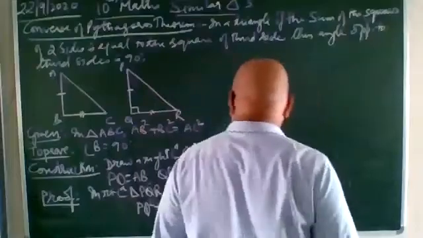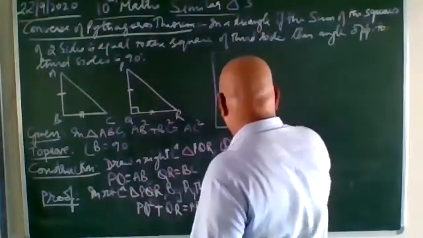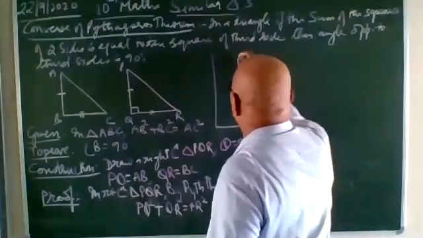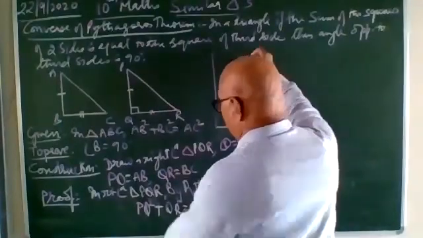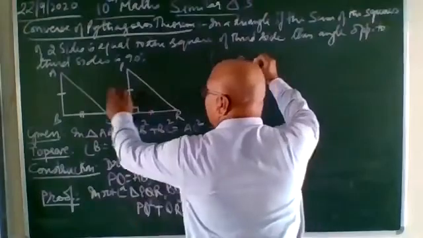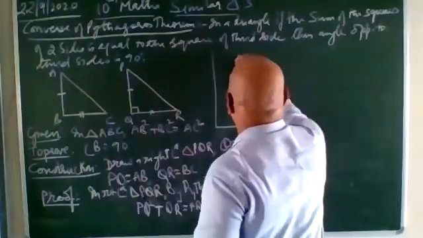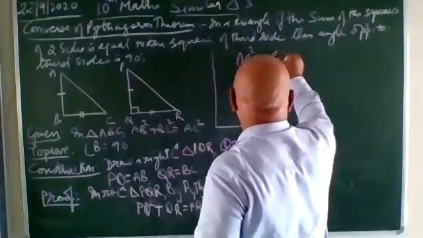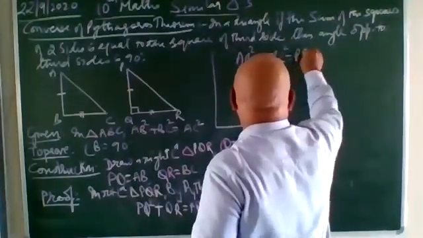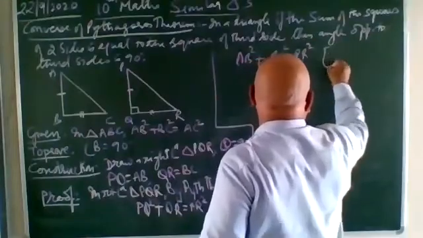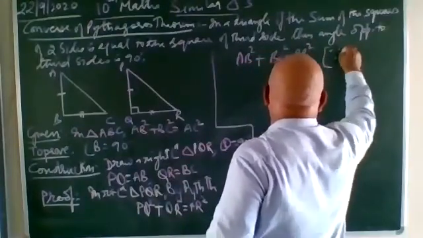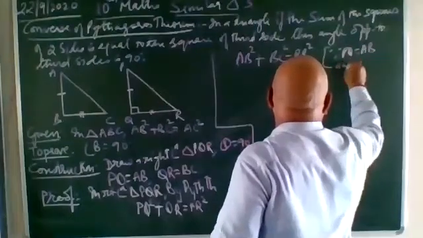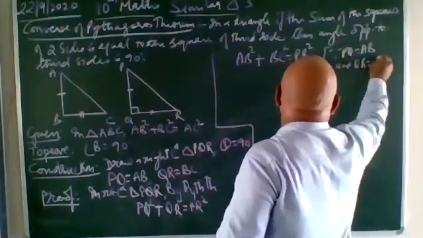Now PQ is equal to AB, so you will write AB square. In place of QR, write BC square. PR square. In bracket you can write, because PQ equal to AB and QR equal to BC.